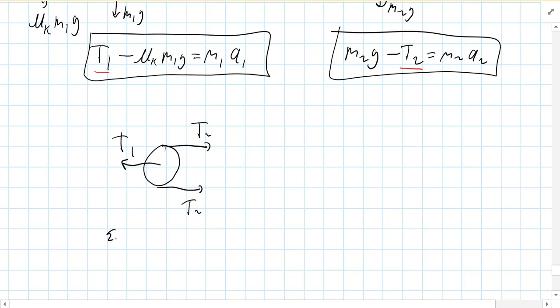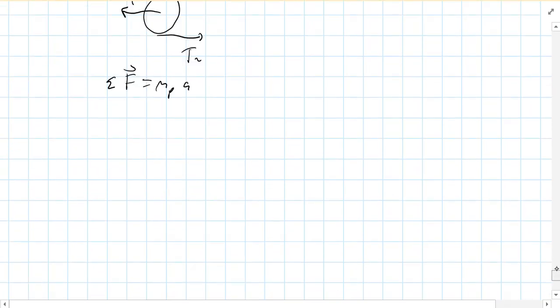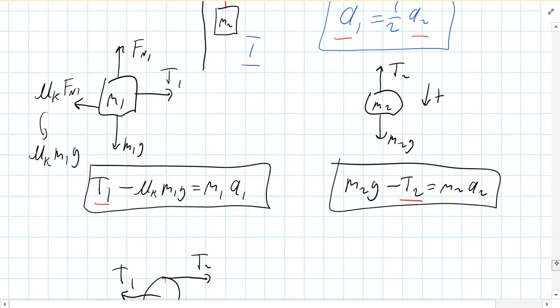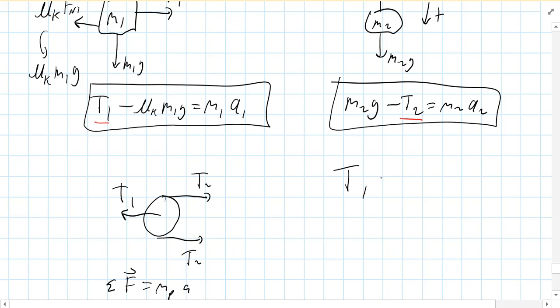Now, if I write out Newton's second law, the net force horizontally equals the mass of the pulley times a. We're saying the mass of the pulley is roughly zero, which means the net force has to be roughly zero. So what does that mean about our tensions? That means T1 has to equal 2 T2s.